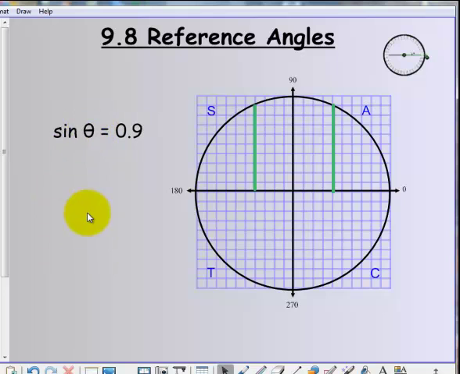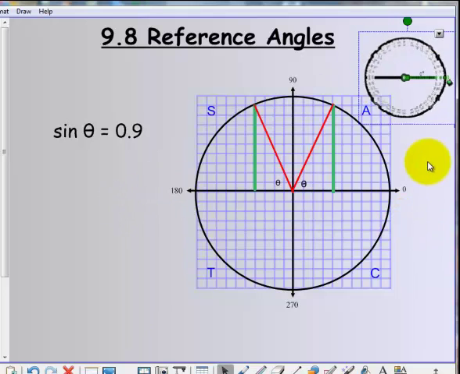Now, I have to figure out what angle that is. Well, if I draw my triangle in my first quadrant, there is my leg, and there is my hypotenuse. So there are my two triangles.